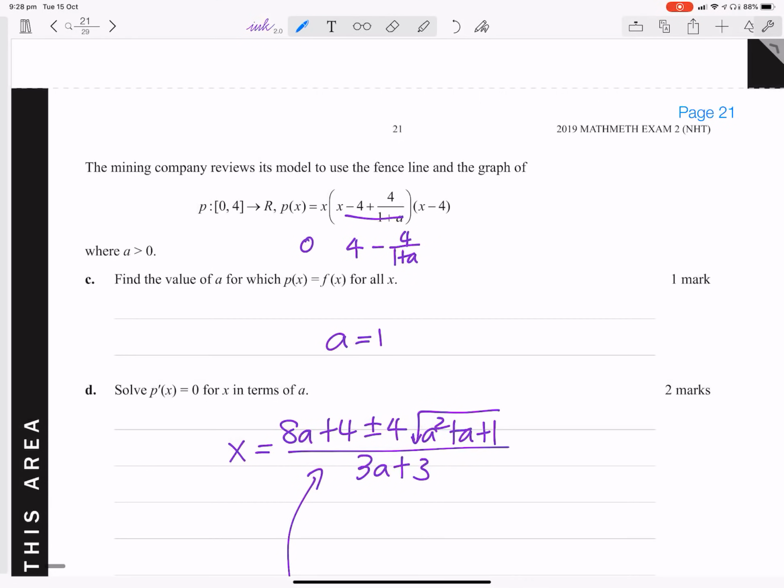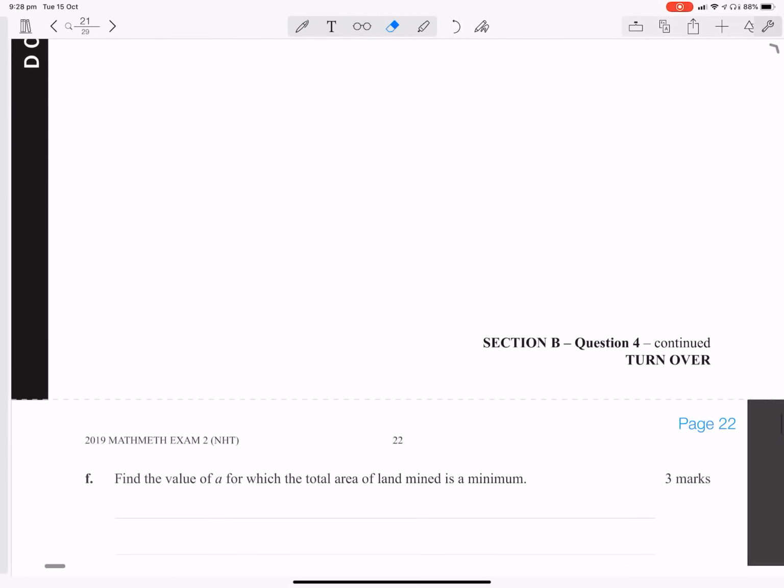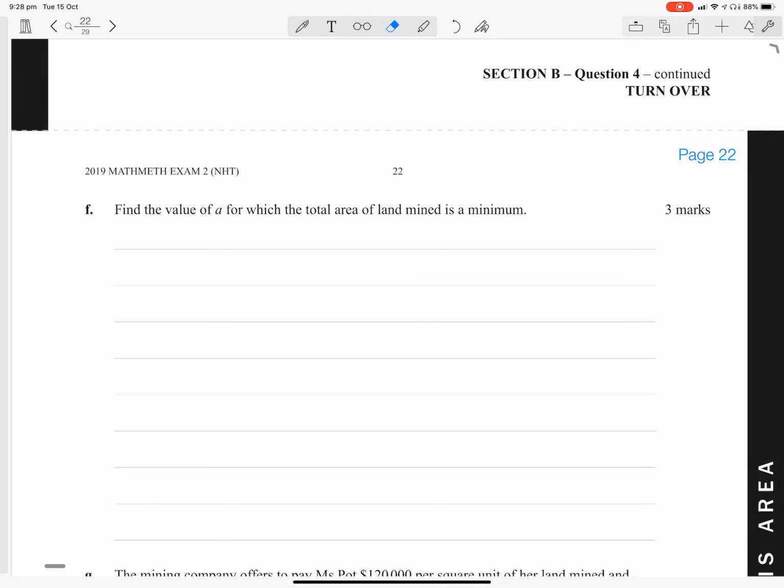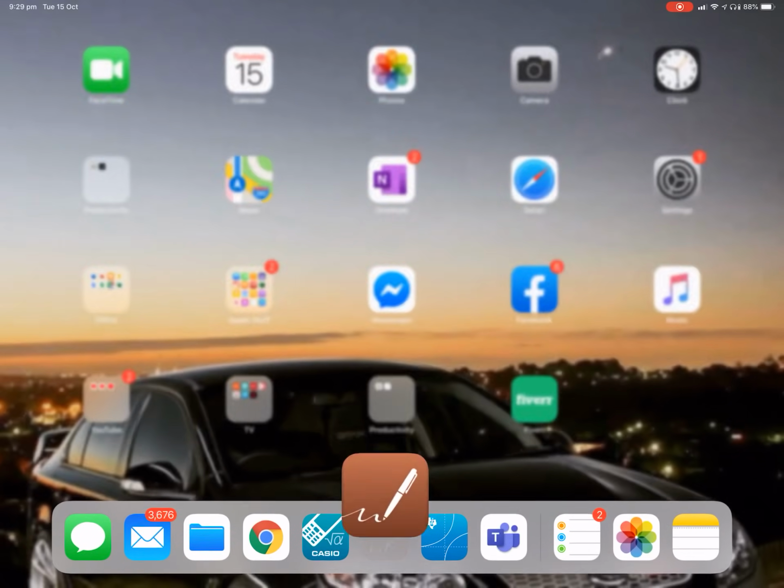And then the second area we want to be a minimum. Can we just use a modulus between 0 and 4? 0 to 4 mod P of x dx, that's our area.